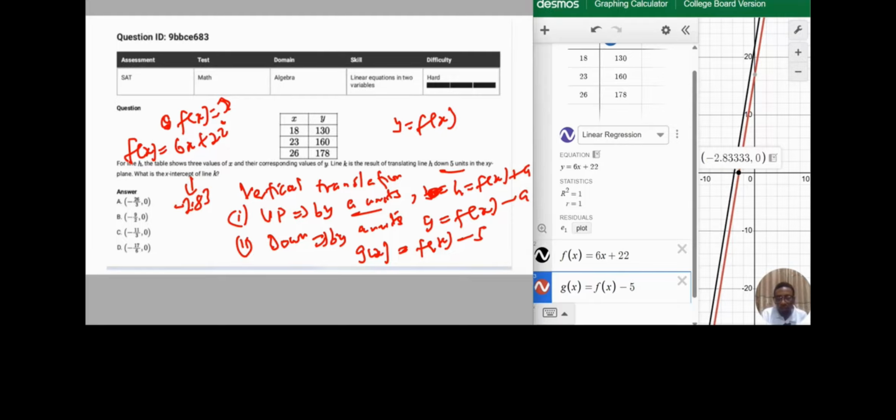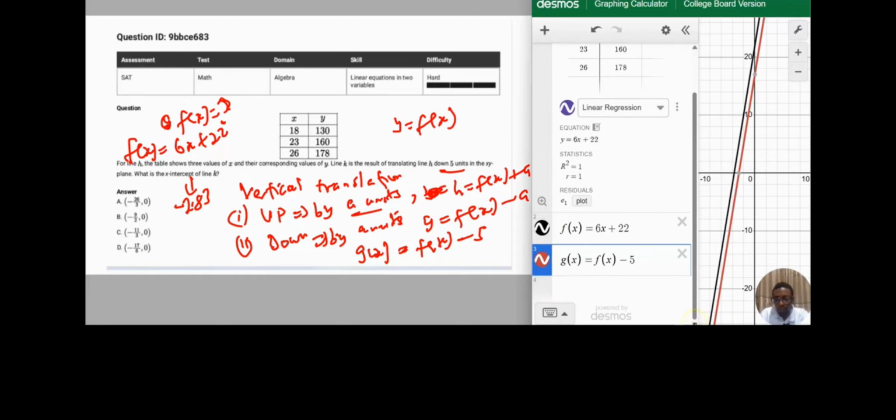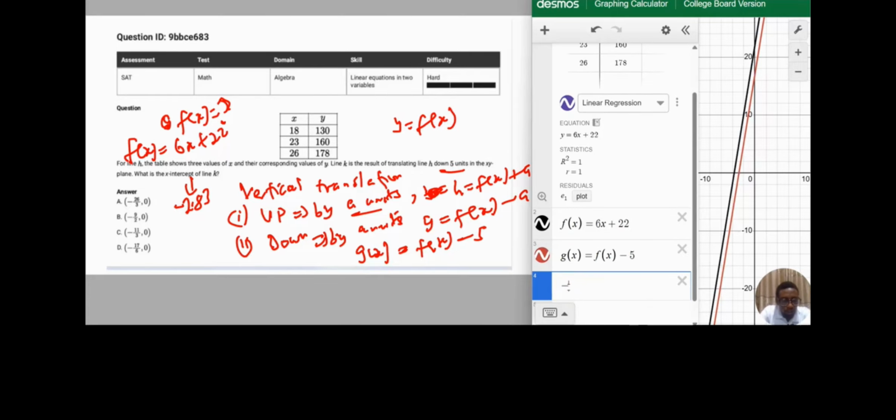So which of the options is minus 2.83? Let's check. Minus 26 over 3 is not it. Minus 9.2 is obviously wrong. That's minus 4.5.